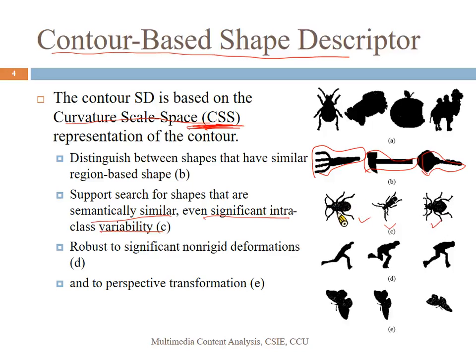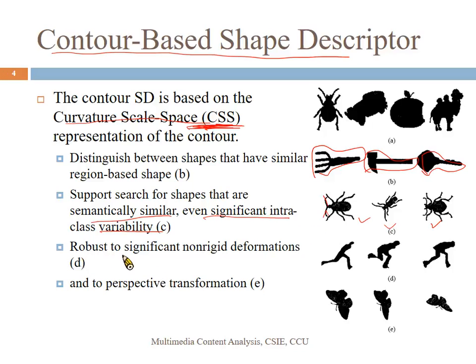But if we describe them by the contour-based feature, because all insects have six legs and two other parts here, we may think that they are similar based on the contour-based shape descriptor.